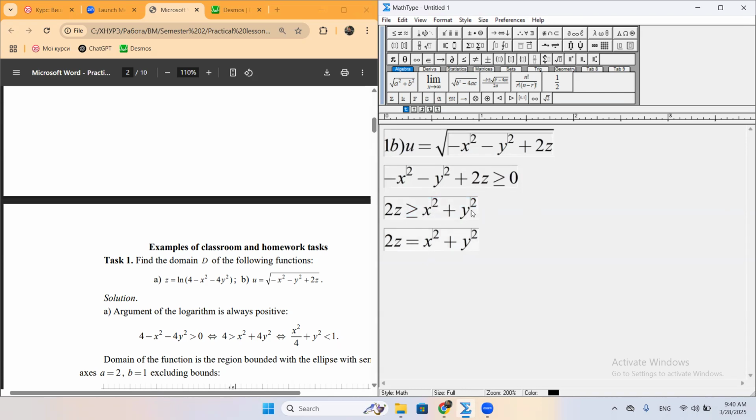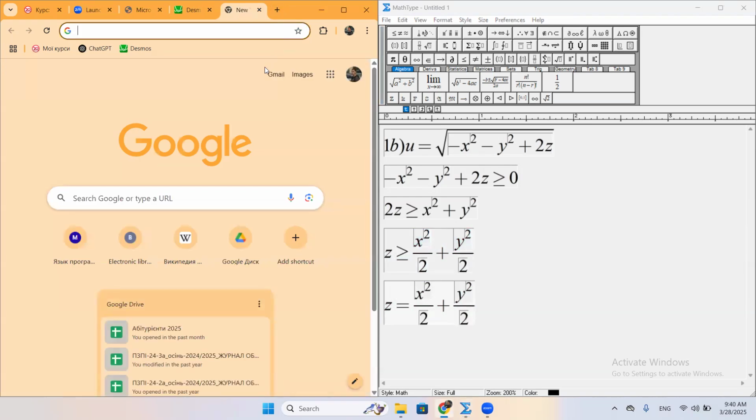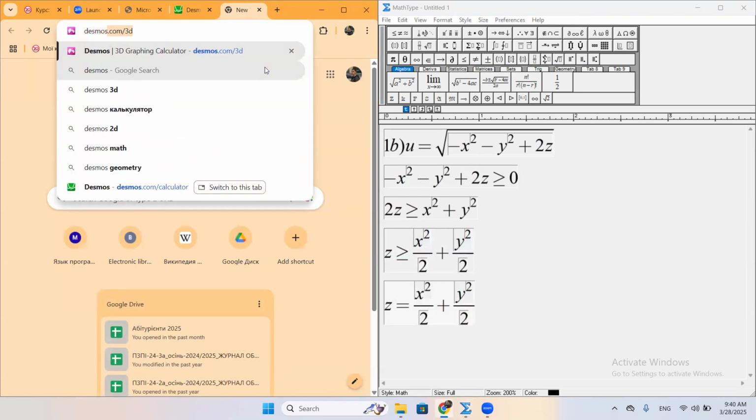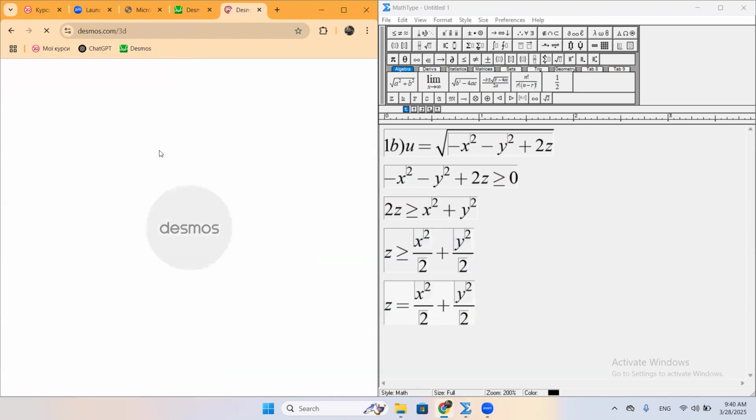Let me also maybe divide it by 2 as well. So that will be z equals x square over 2 plus y square over 2. So now let me plot this surface.